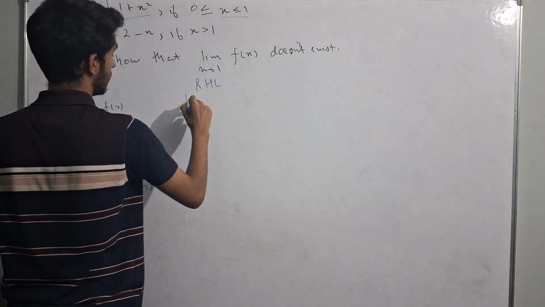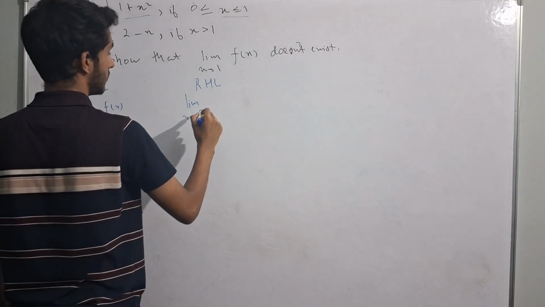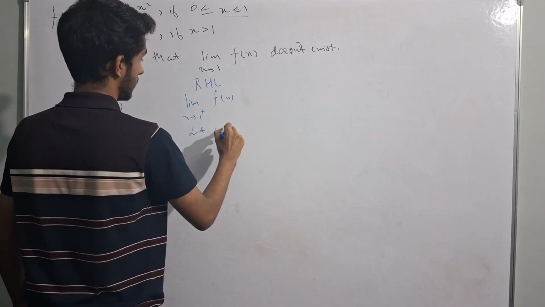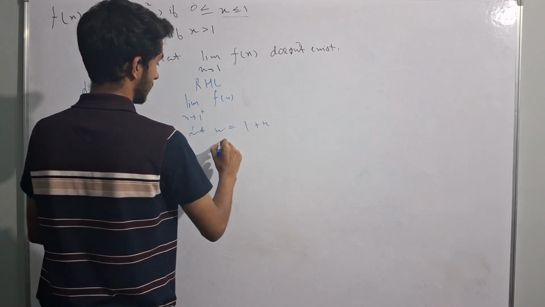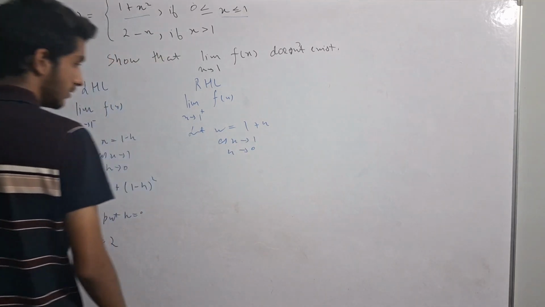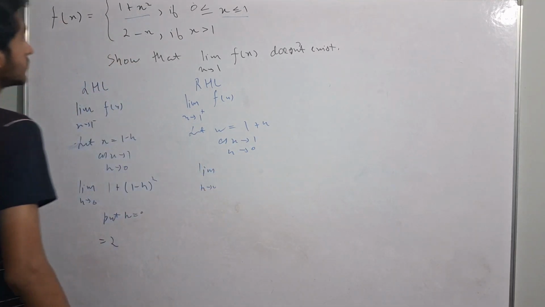And for the right hand limit, limit x tends to 1 positive of the function of x, let x be equal to 1 plus h. As x approaches 1, h approaches 0. So limit h tends to 0.